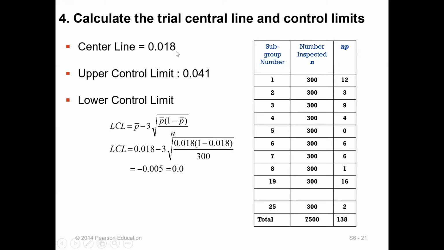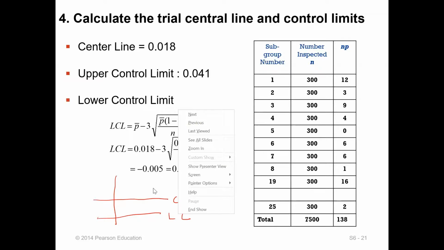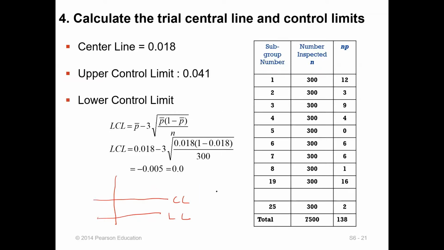With that, you already have the upper control limit and lower control limit as well as the center line for this P chart. So you can start developing the chart where you have the center line, the lower control limit, and the upper control limit.